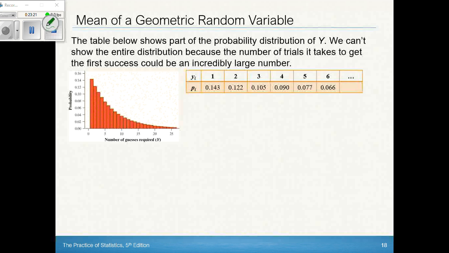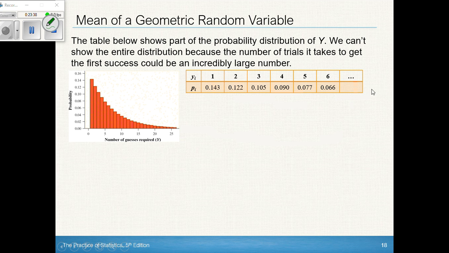Here's the way a geometric distribution is going to look. It could take a really long time, so this graph will get cut off at some point, just like our table did.